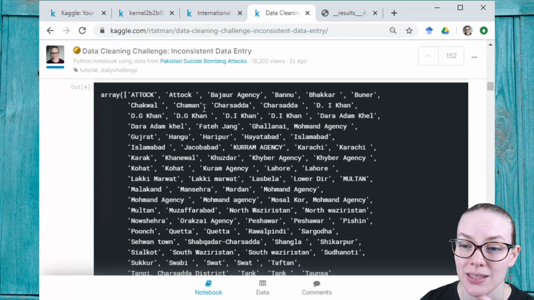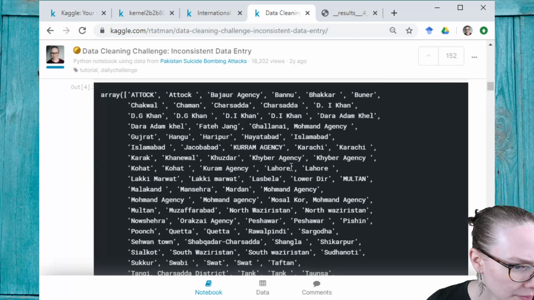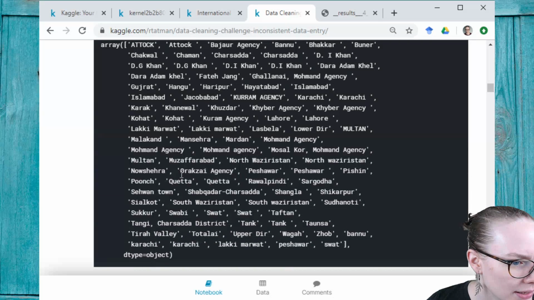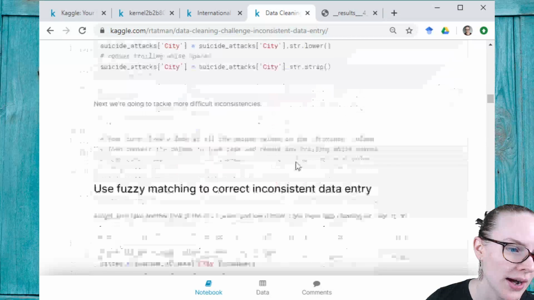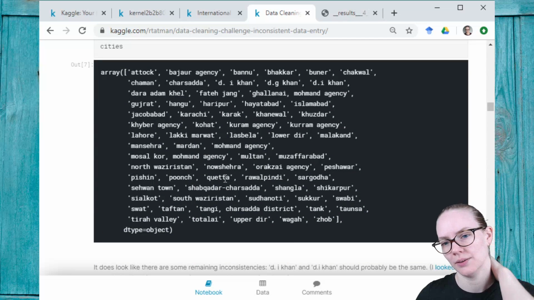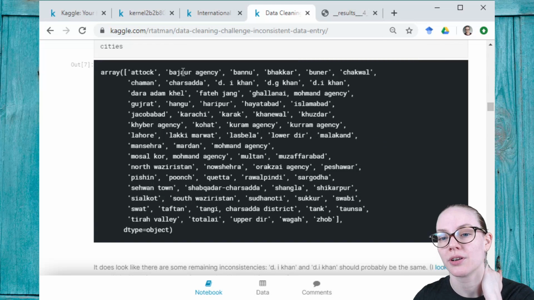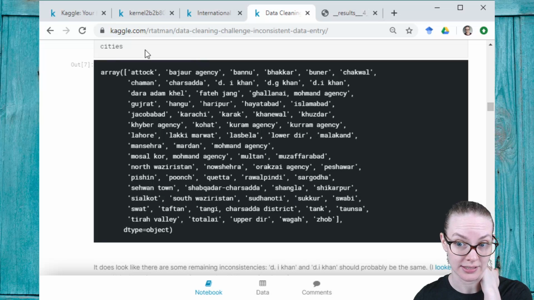I believe these are places, provinces maybe, states maybe in Pakistan. Again, space inconsistency, but you could also have things like spelling errors that would also make it such that you wanted to find things that were very similar and say, hey, these similar things are actually the same thing.